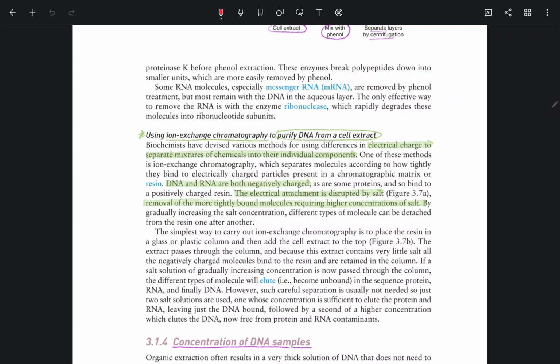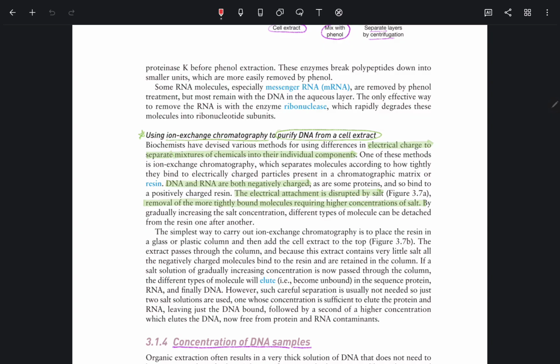Using ion exchange chromatography to purify DNA from a cell extract. Biochemists have devised various methods for using differences in electrical charge to separate a mixture of chemicals into their individual components. One of these methods is ion exchange chromatography, which separates molecules according to how tightly they bind to electrically charged particles present in a chromatographic matrix or resin.